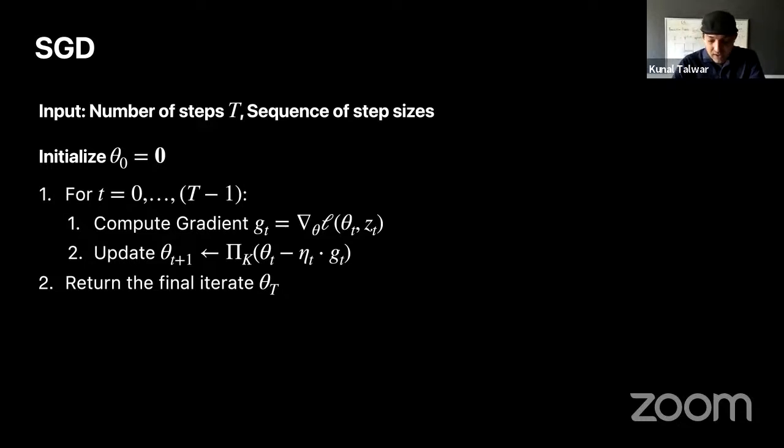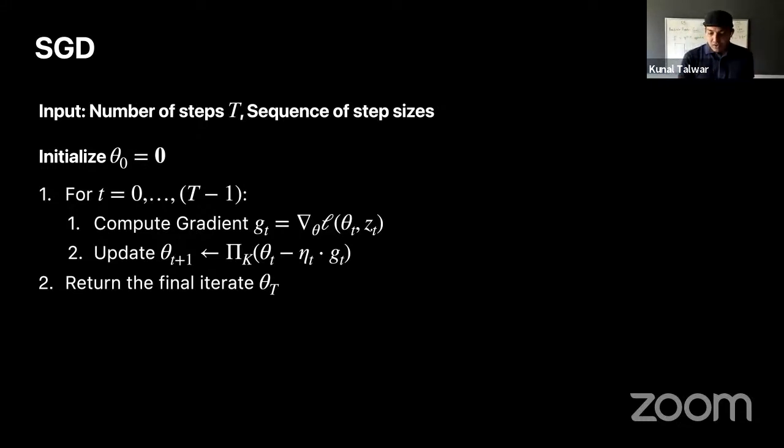And you output the final iterate. I'll be using t for the number of iterations in this algorithm, which in general may be different from n, as we shall see, where n is the number of examples I have. I may look at each example more than once, for example. More generally, g t would be some kind of gradient estimate at theta t. As written, it's at the t-th point z t, but I can use something more general, as we shall see.